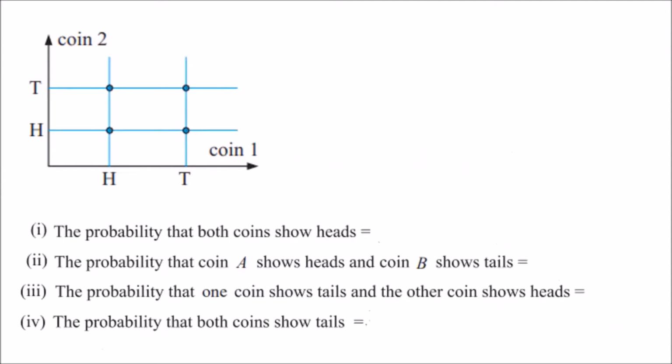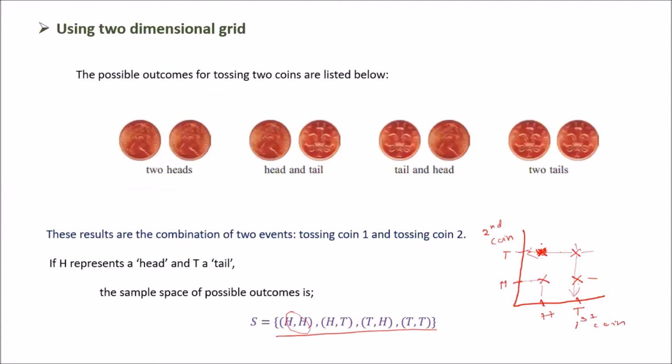Now, Putha, how many events are there? N(S), the number of elements in the sample space. How many events in the sample space? 4.